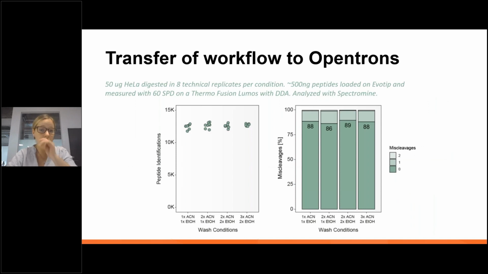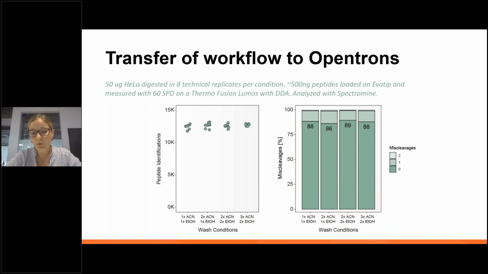So our first experiments were to see how many washes we need to perform in order to get an effective digestion, because obviously every wash takes time when we only operate 8 samples at a time.